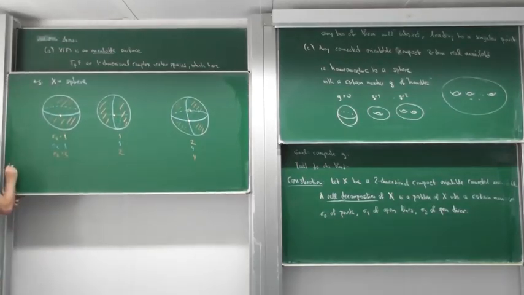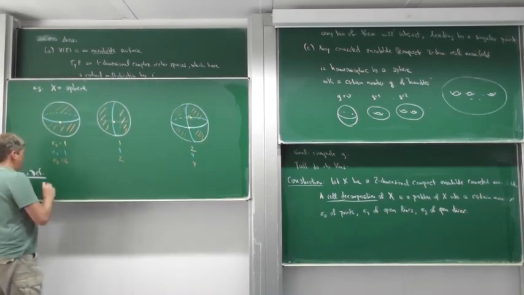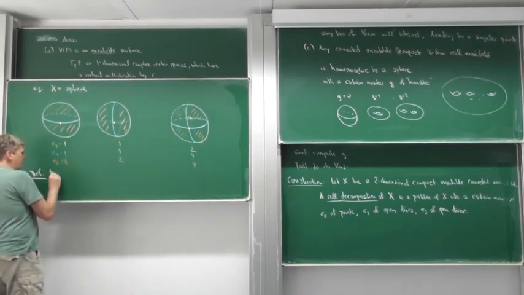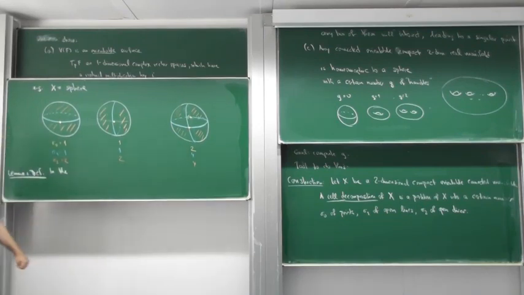So there's a lemma and definition. But again, lemma, of course, in the sense that the proof will just be a sketch proof, is the following: so in the above situation, so that means X is a 2-dimensional compact orientable manifold.